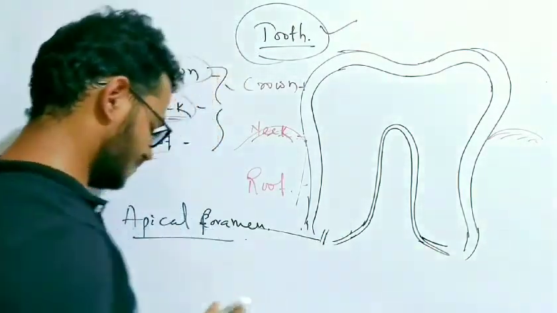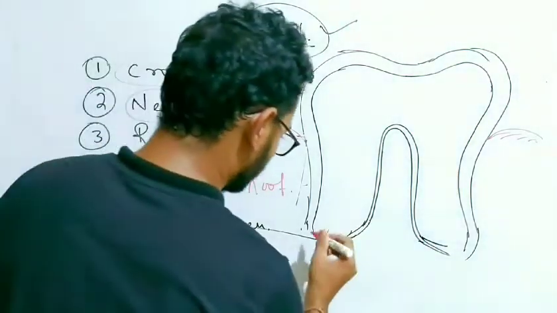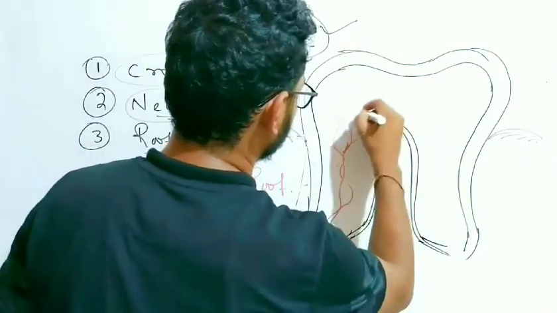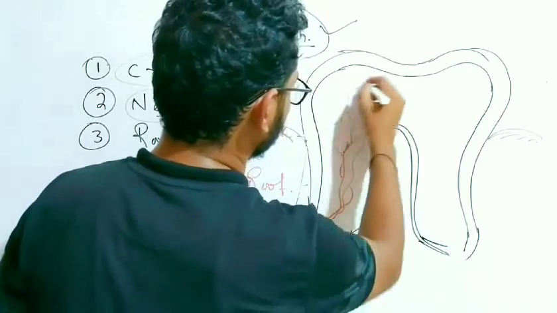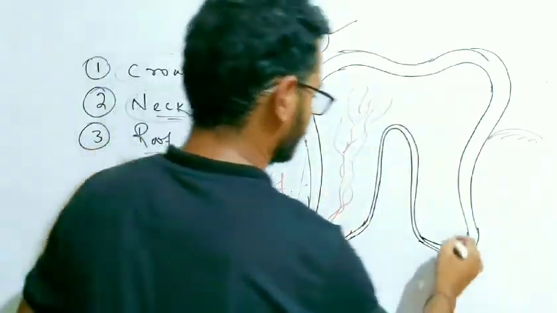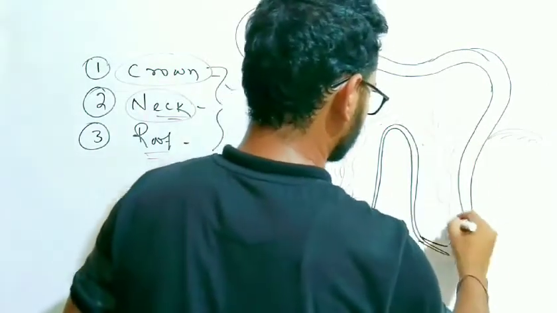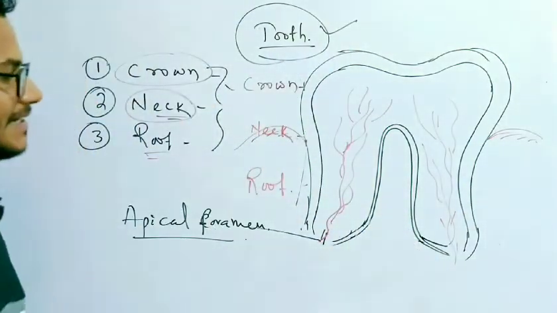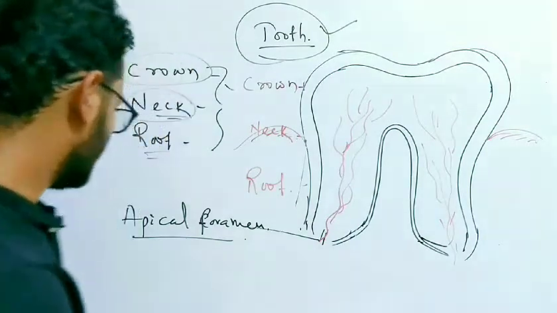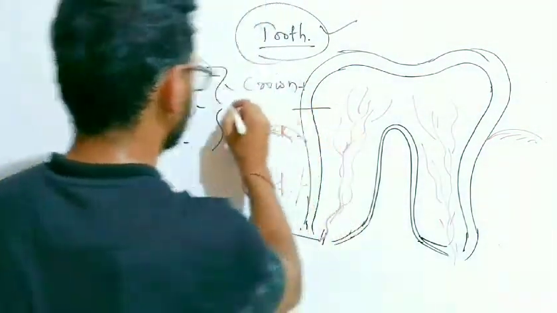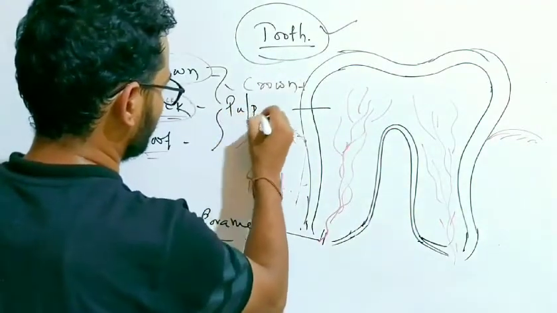So through this pore, the blood vessels and nerve vessels enter into the cavity, which is known as the pulp cavity. So the blood and nerve supply enter into the tooth through the apical foramen to a cavity which is known as the pulp cavity.